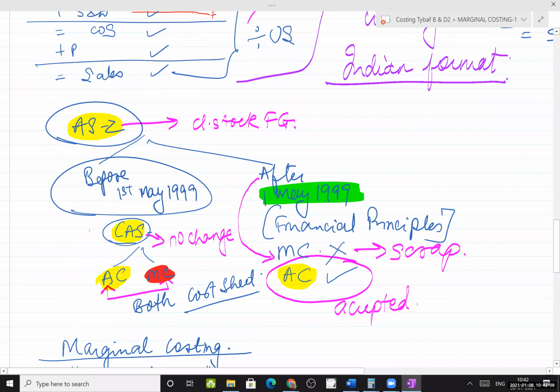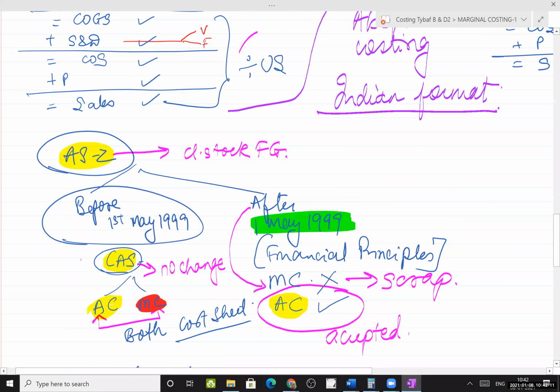So this was the part. Now let us move on to understand what is marginal costing. What is marginal cost first of all, and then understand what is marginal costing. Okay, so marginal cost is the amount at any given volume of output by which aggregate cost is changed. That is, if the volume of output is increasing, it will increase.